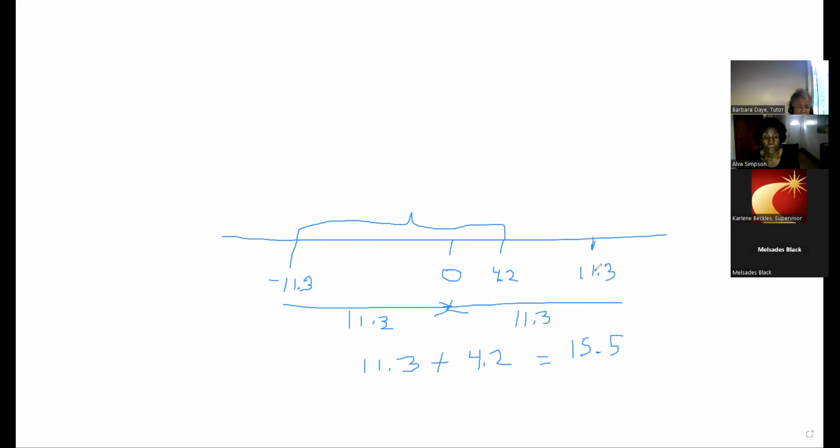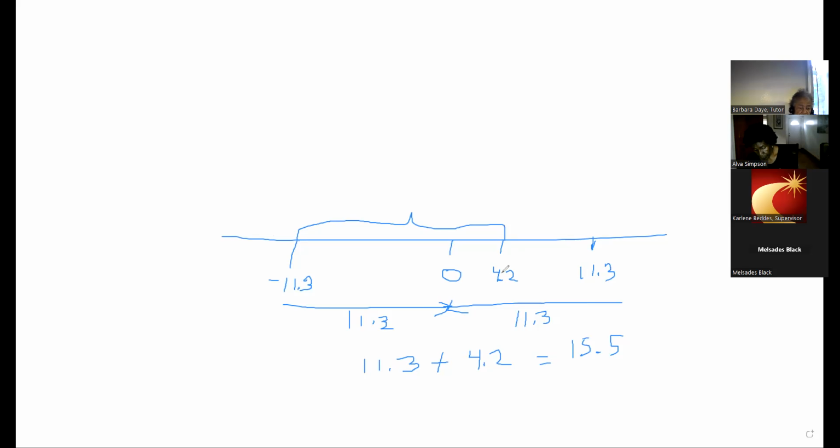So where was your starting point? From 11.3. Plus or minus? Minus. Okay. And where was your ending point? At 11.3. But that's not what the question said, right? It said 11.3 negative to a positive 4 point something.